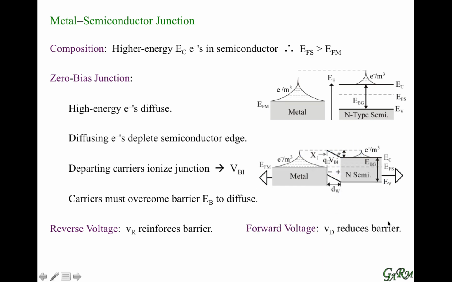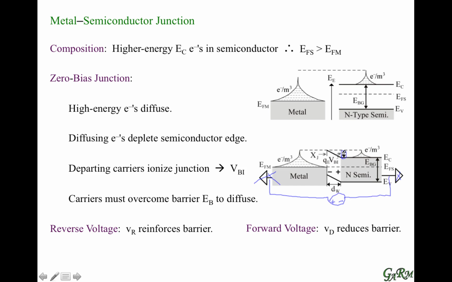What happens when we apply a positive voltage, a forward voltage that opposes this built-in potential, opposes the barrier? If it opposes the barrier, it reduces the energy barrier that electrons need to overcome to cross.